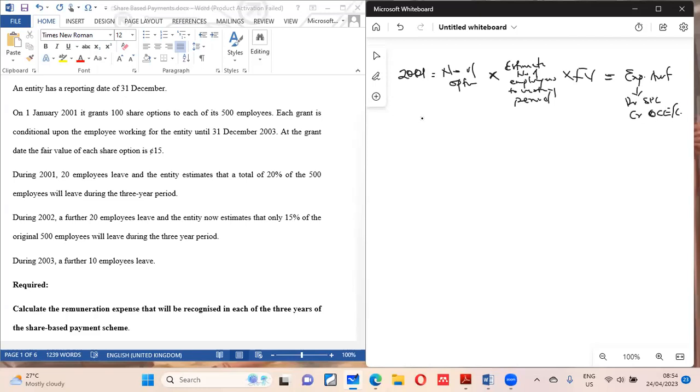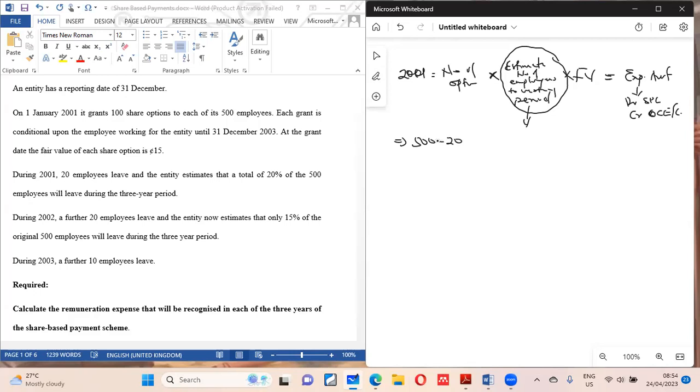So, question: how do we find the estimated number of employees in 2001? Yes, please. Hello, sir. It's 500 employees, less 20 employees who leave. Less 20. So you're saying 500 less 20, those who leave in 2001.